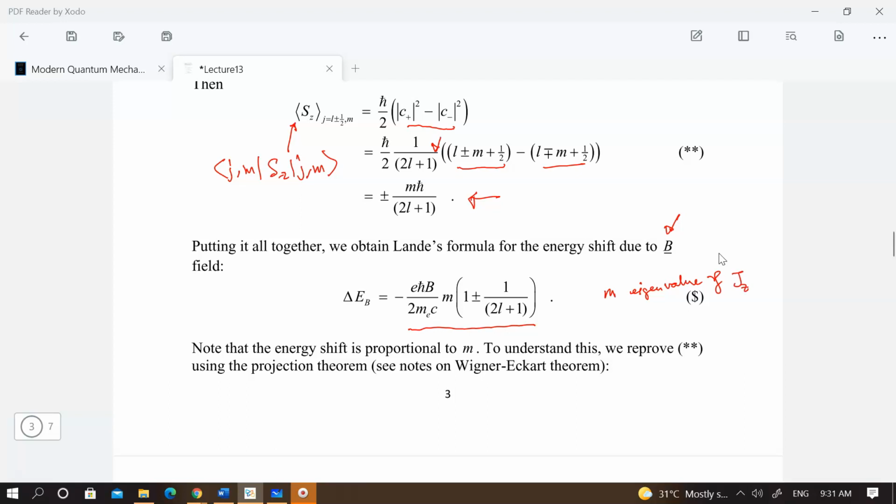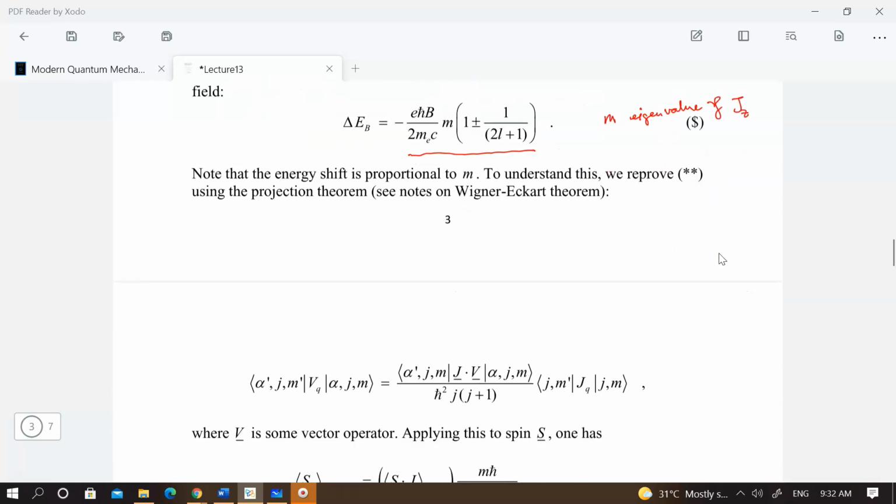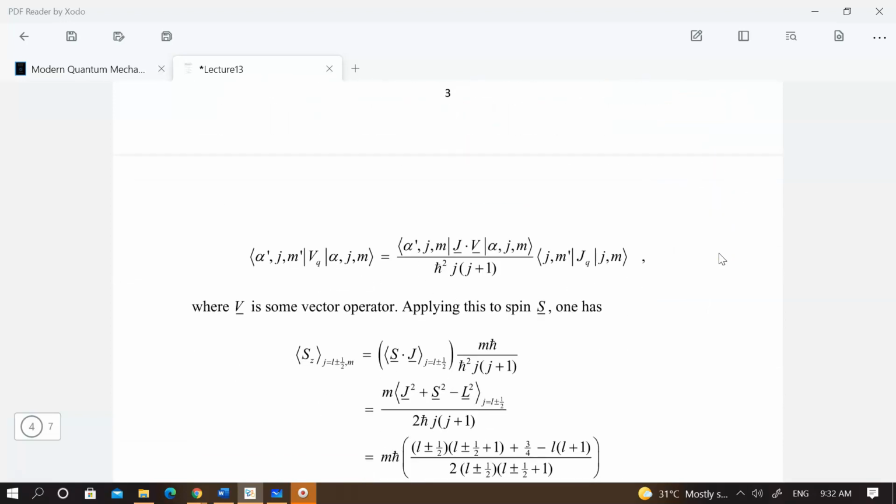So somehow this M is coming from Jz, so the thing has been projected onto the z component of your total angular momentum. One could actually prove this using the projection theorem. This is from earlier notes.